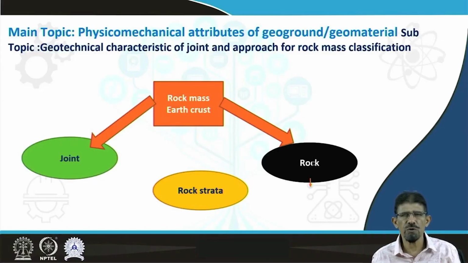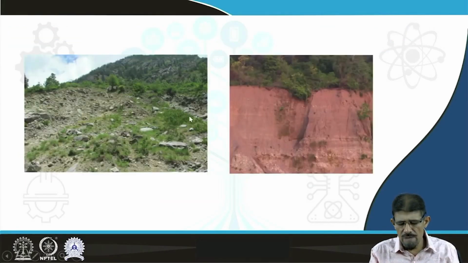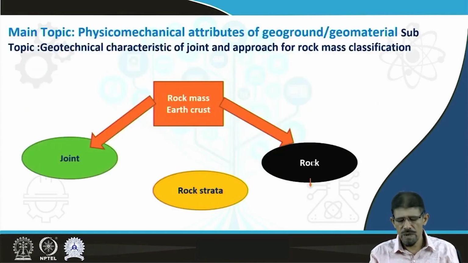Friends, as you know, the rock mass characteristic is a part of the crust. Crust is made up of rock strata and some weathered material, soil, which we have already discussed.